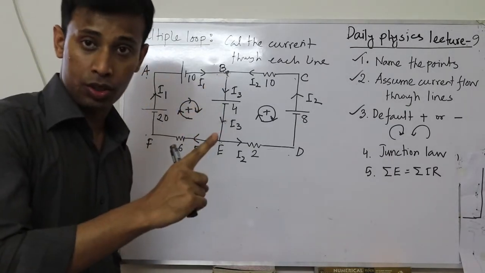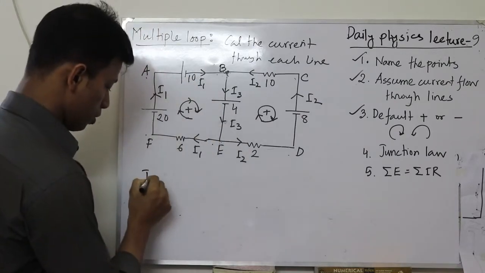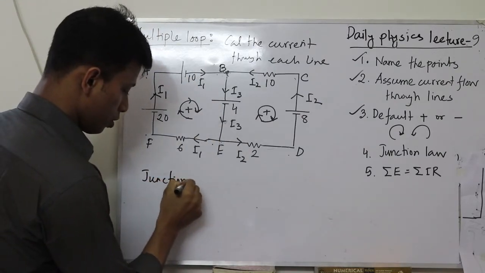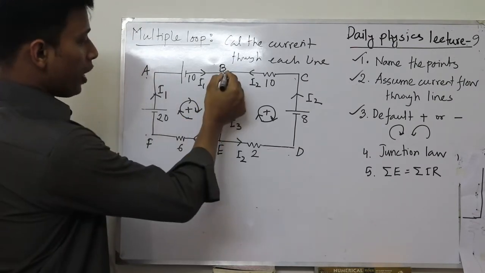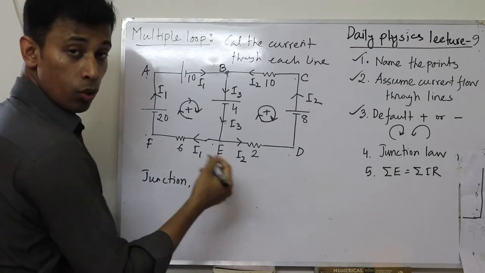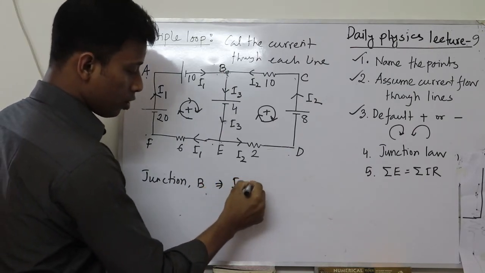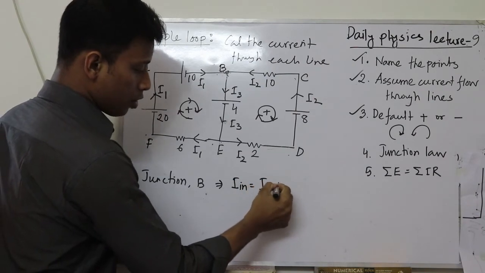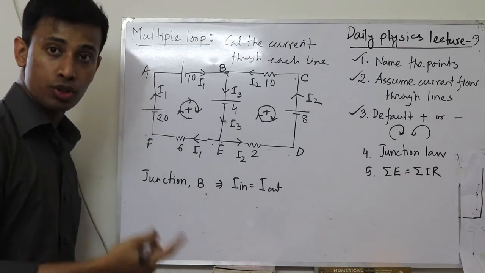So use one junction. We use B. At junction B, what is the junction law? I in = I out. That means total in is equal to total out.